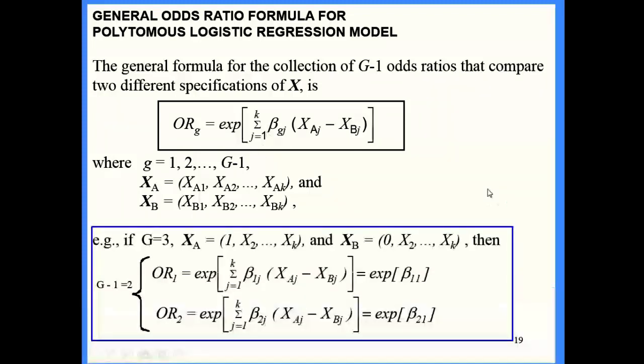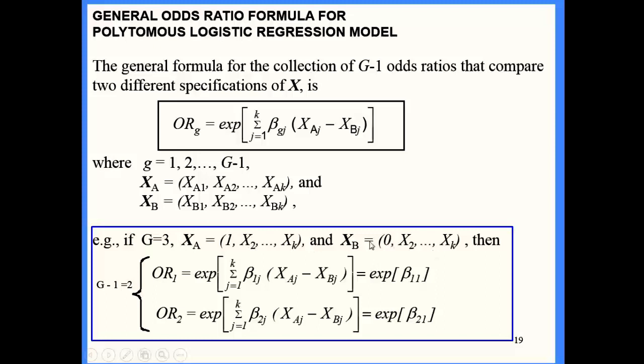So let's look at that. If G is equal to 3, just to make sure we got it, because that's what we were dealing with to start with, we just had these 3 categories of the outcome variable, the end-stage renal disease variable. Suppose we've got a model where person A is exposed and person B is not exposed.